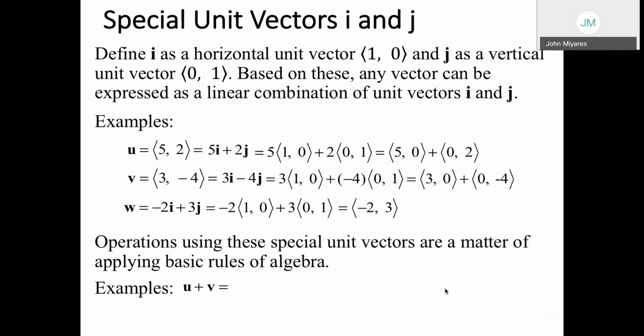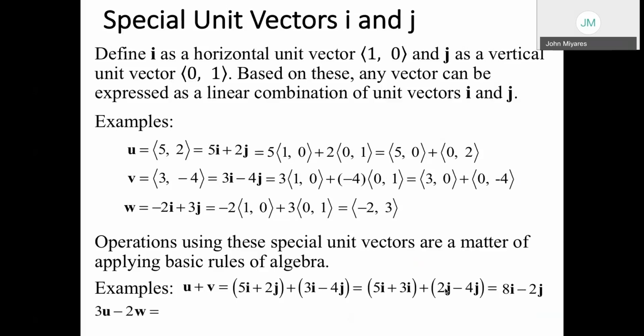If we have vector u written as 5i + 2j and vector v written as 3i - 4j, we can regroup our like terms and combine them to get 8i - 2j as our final answer.